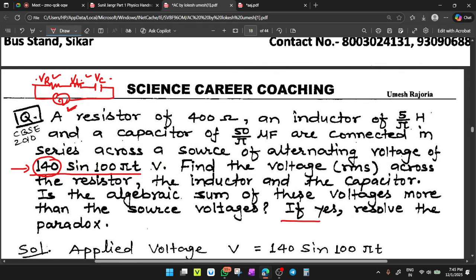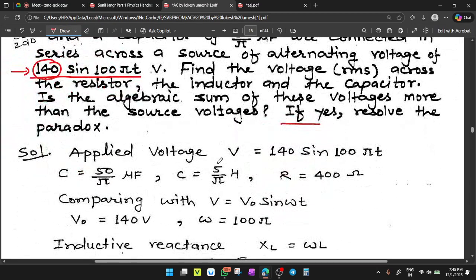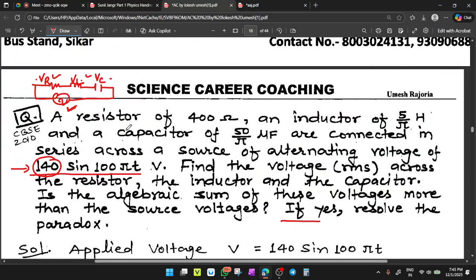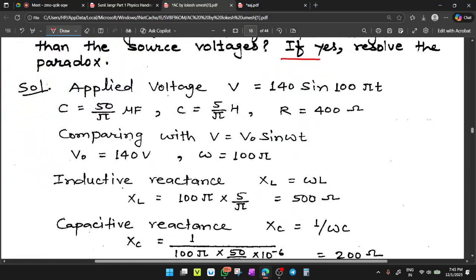Okay, so a resistor of 400 ohms. We have seen here that there is an LCR circuit. First you have to see the applied voltage, which equals 140 sine 100 pi t. This is the capacitor, and this is the inductor L. L equals 5 upon pi Henry, and the resistance is given.